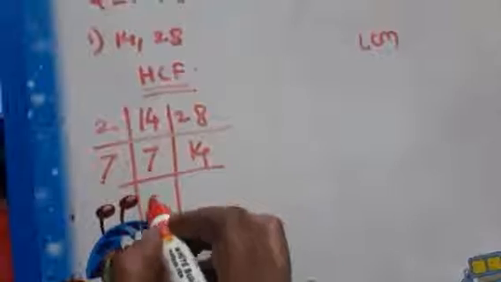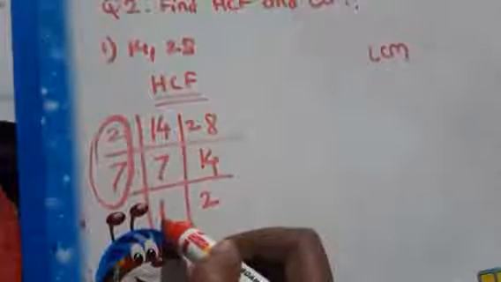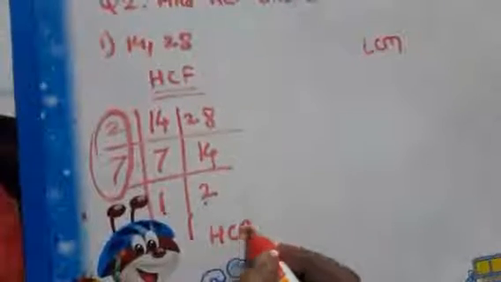Now 7 ones are 7, 7 twos are 14. After this, only these remain. This is neither prime nor composite, but 2 is prime. So here no common factor is possible. So HCF is simply 2 into 7, that will be 14.